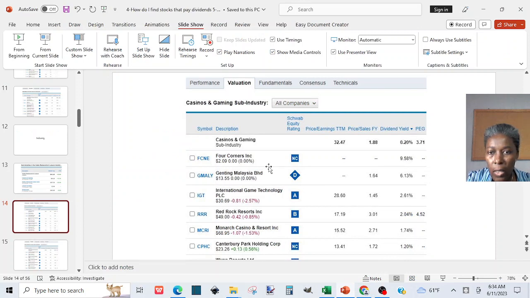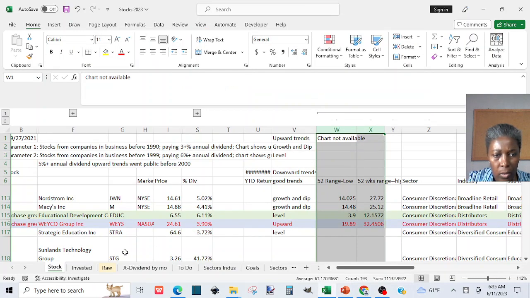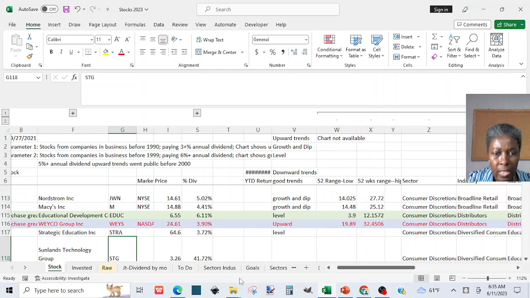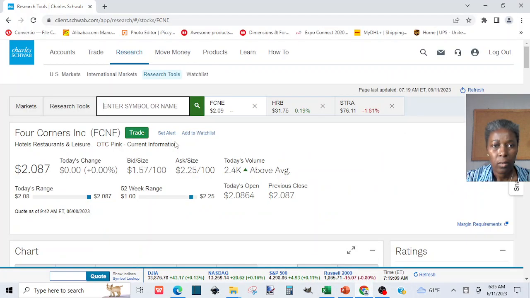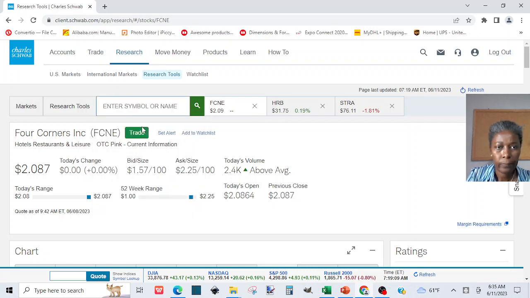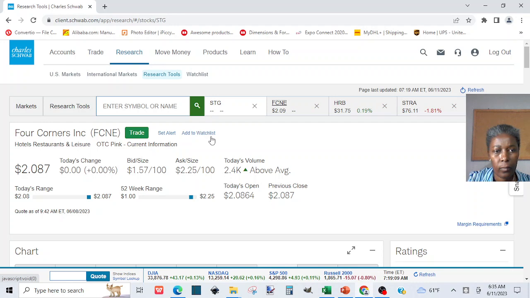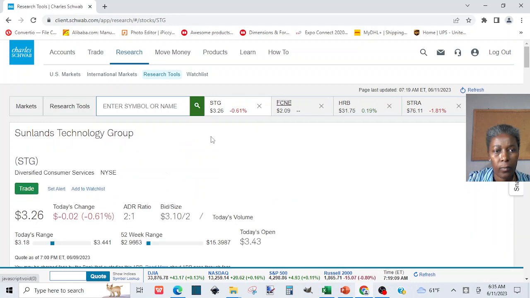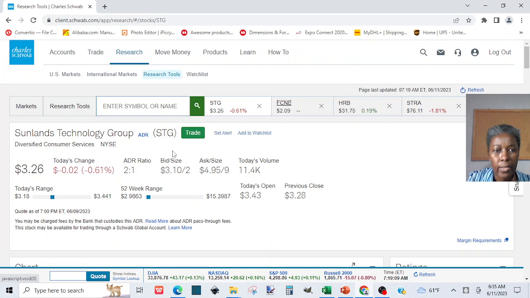So the next one, I believe there is one that was 41.72, and that was STG. So STG is selling on the New York Exchange.